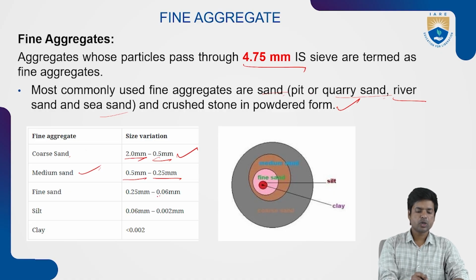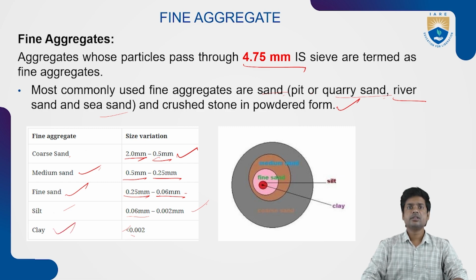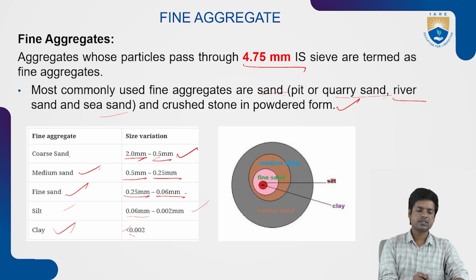The next one, from 0.06 mm to 0.25 mm, is termed fine sand. Next, silt, from 0.02 mm to 0.06 mm. If the particle size is less than 0.002 mm, then that is called clay.